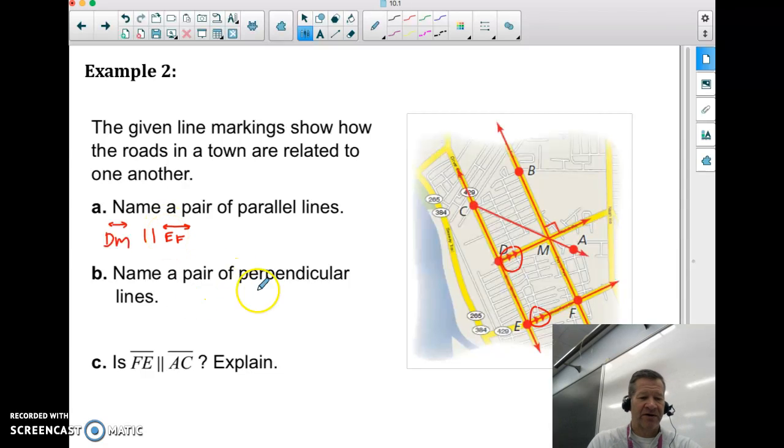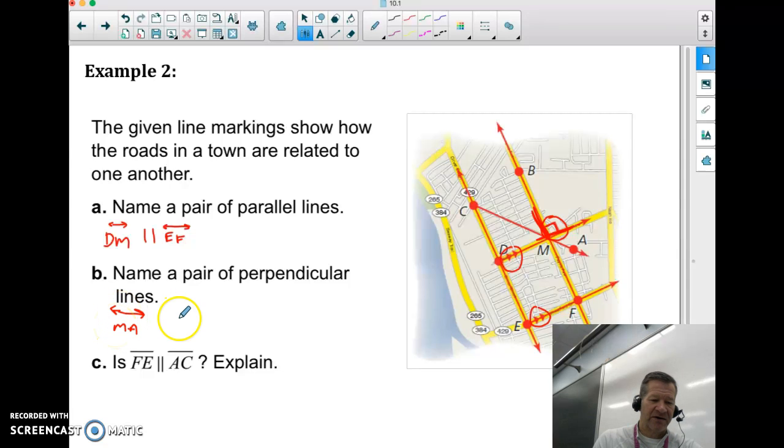Now what about a pair of perpendicular lines? Well, again, there are a bunch of lines that look perpendicular, but right here we see a right angle marked. So we know that the angle between these 2 lines is definitely perpendicular. So this line, I could call it MA, and this line, MB, would be perpendicular to line MA.